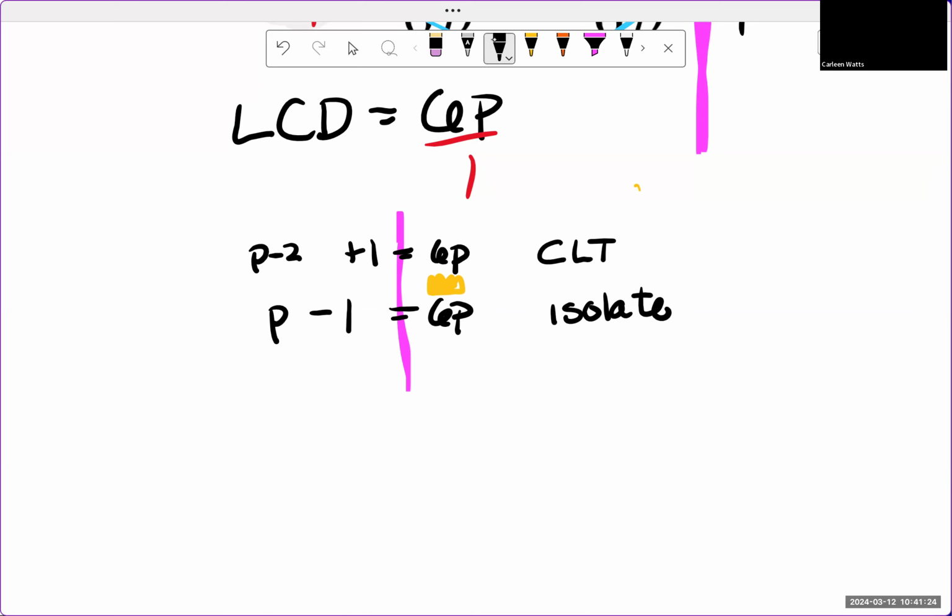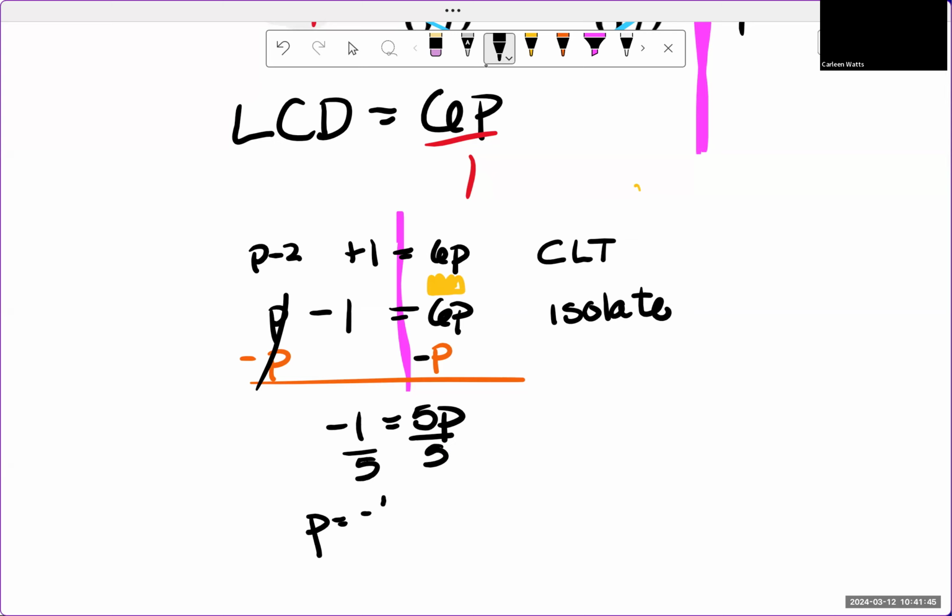Isolating the variable. All right. So we're going to subtract p because we can only have variables on one side. So we have -1 is equal to 5p, divided by 5. P is equal to -1/5.